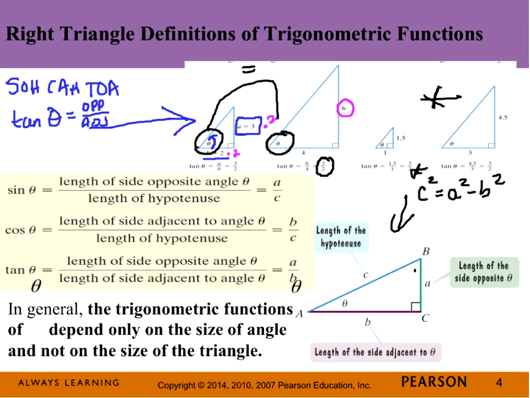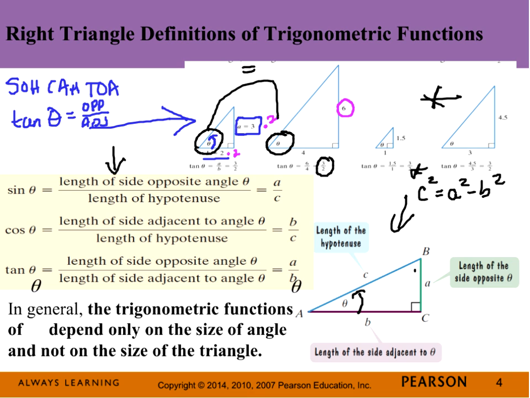But for our purposes, with this particular little bubble here talking about sine, cosine, and tangent, we'll look at side A as the opposite and side B as the adjacent as it relates to angle theta here in this particular triangle. So once again, this is just reiterating the SOH-CAH-TOA.